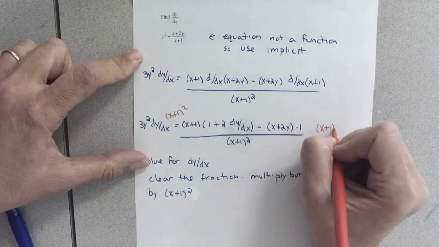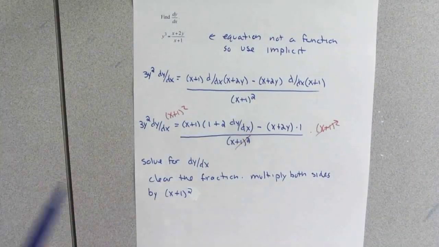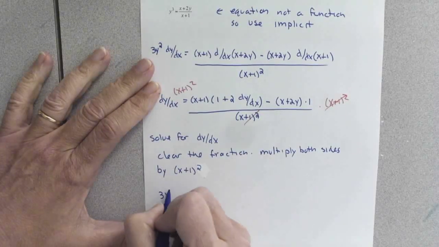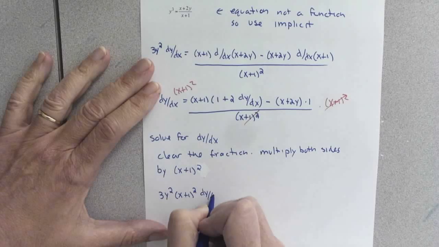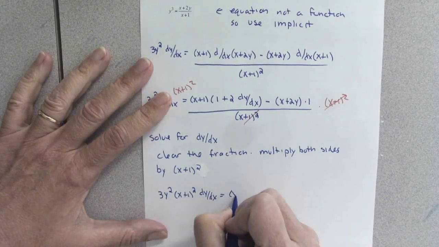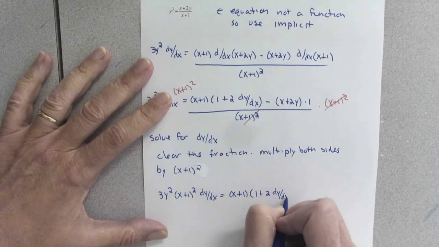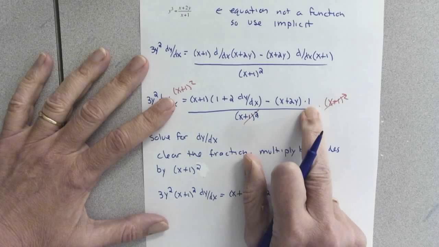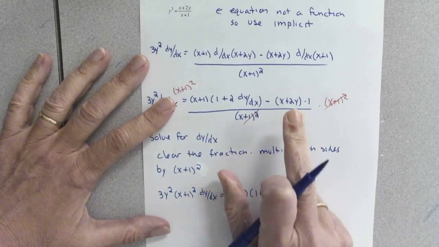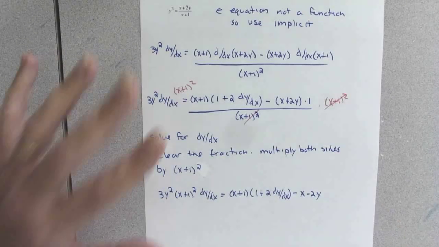Over here, x plus 1 quantity squared, which then those guys cancel, which is the point. And so I get 3y squared, x plus 1 quantity squared, dy dx, equals x plus 1 times 1 plus 2 dy dx minus, and notice times 1 is not going to change anything, so I can get rid of the times 1 and then distributing that minus sign, minus x minus 2y.